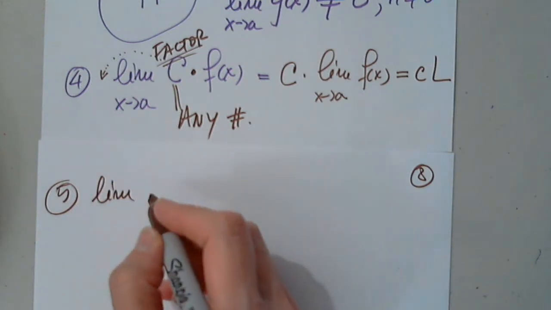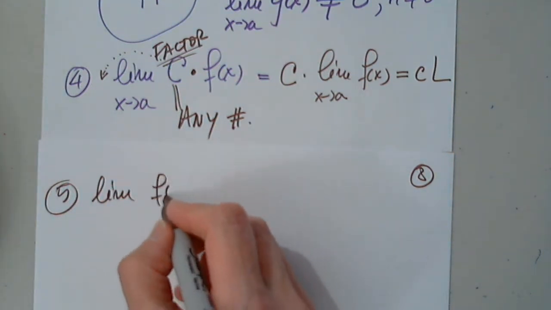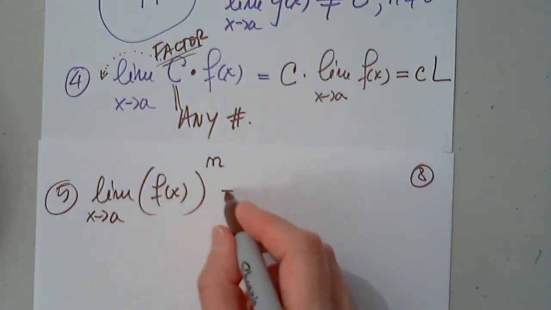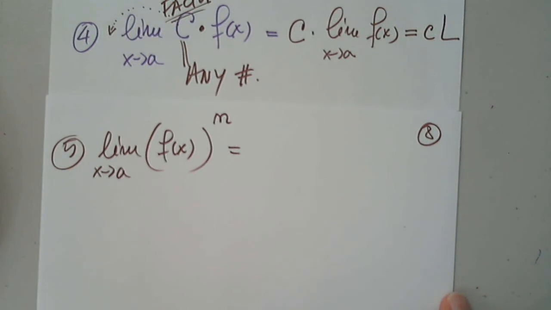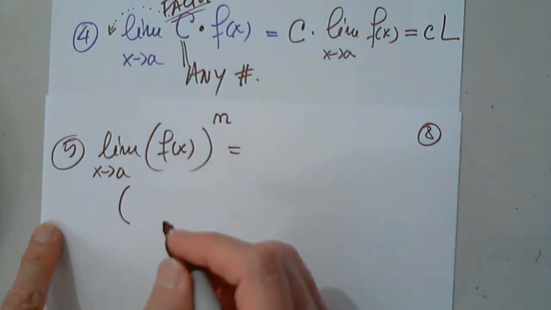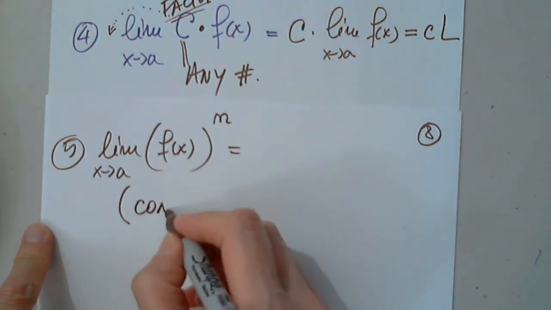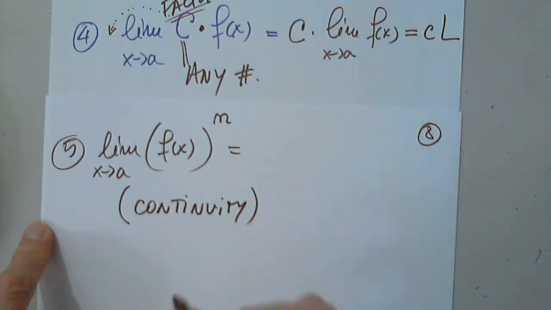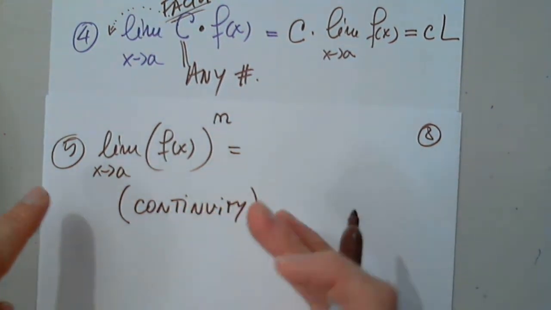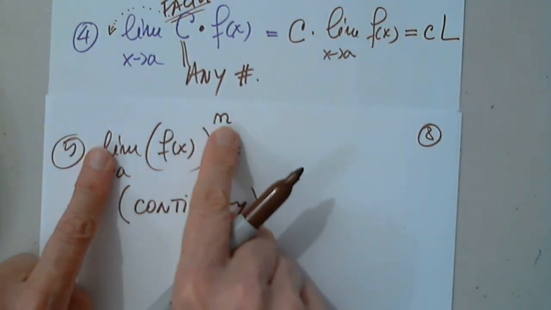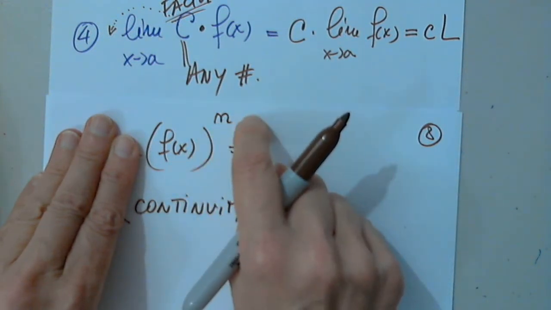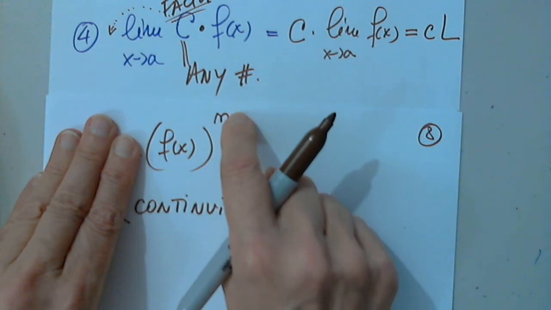So if we have the limit of, let's say, f of x to the power n as x approaches a, these are two operators under certain conditions. I'm going to put the condition in parentheses and I'll explain it. Continuity. We don't know what that means yet, but I have to mention it because it doesn't always happen, right? We are allowed to swap. This operator tells us to raise the function to the nth power.